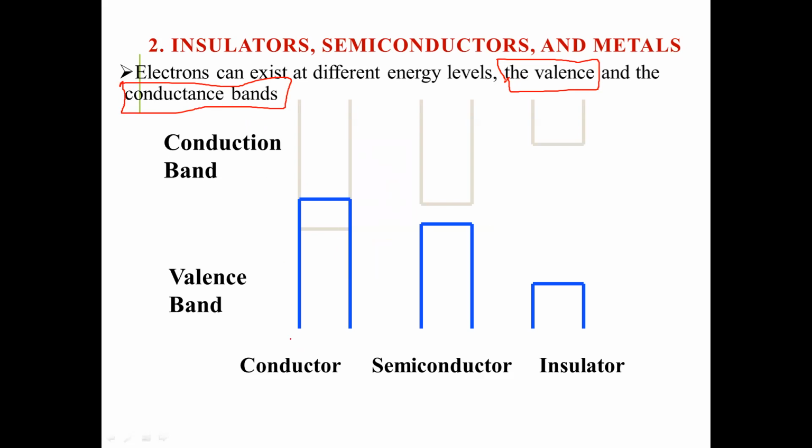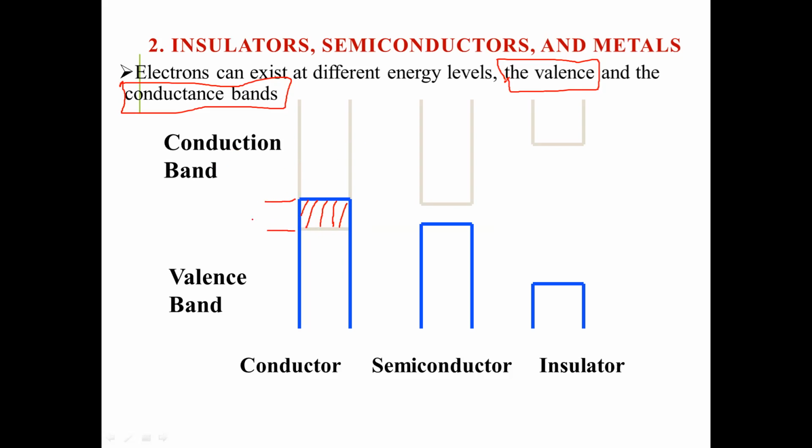So for a conductor, we have an overlapping of the conduction band and the valence band. Like I said, the valence band is the energy level natural to an atom, the one which contains valence electrons, right? For a conductor, that energy level intersects with the conduction band.